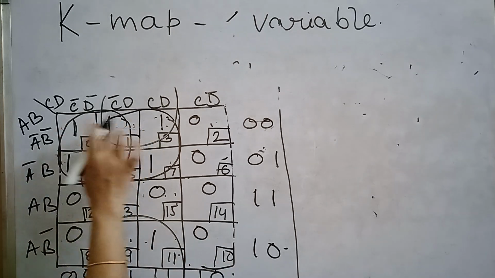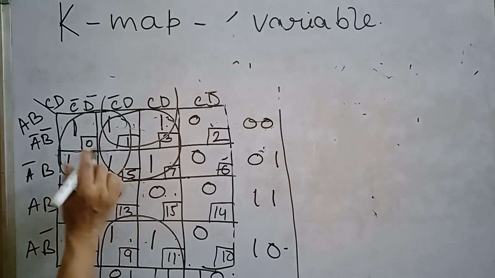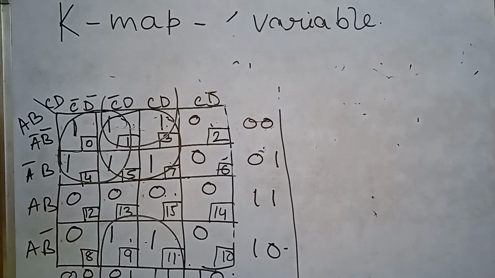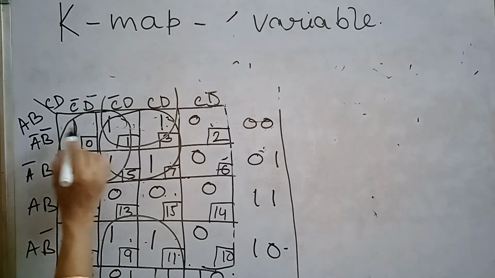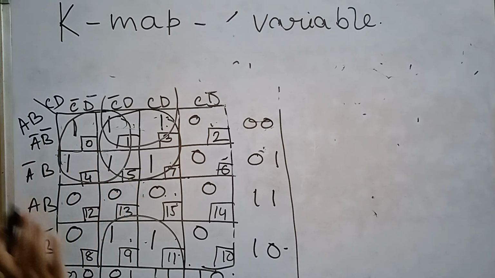Now in this group, how many elements are there? 1, 2, 3, 4. 4 elements are there. So what is the common variable form shared by all these 4 elements? That will be the expression for this group. Row wise, what is common for all these 4 elements? A bar is common.